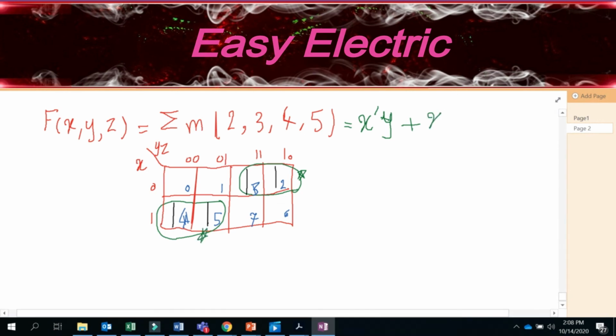So check the x. X is 1. And how about y? Y is 0, 0, so it should be y prime. And how about z? Z is 0 and 1, so z is gone. So 0, 0 is prime, 1 is no prime, and 0, 1, 1, 0 is gone. So that should be the corresponding term that we have.